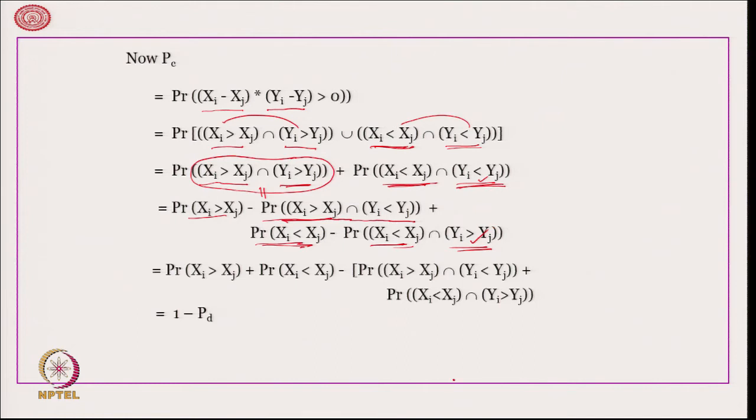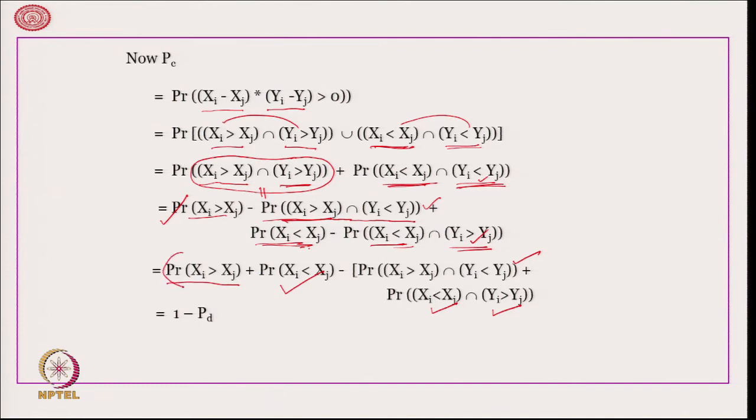Therefore, this whole thing can be written as probability x_i greater than x_j plus probability x_i less than x_j, minus probability x_i greater than x_j and y_i less than y_j plus, because minus we have taken common, probability x_i less than x_j and y_i greater than y_j.